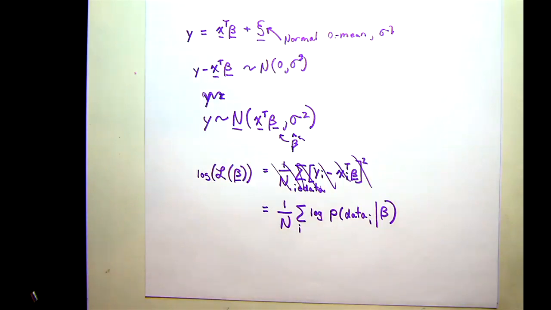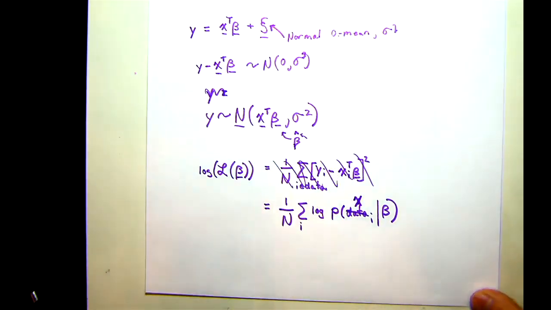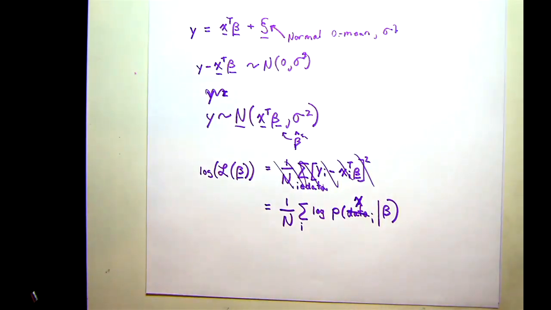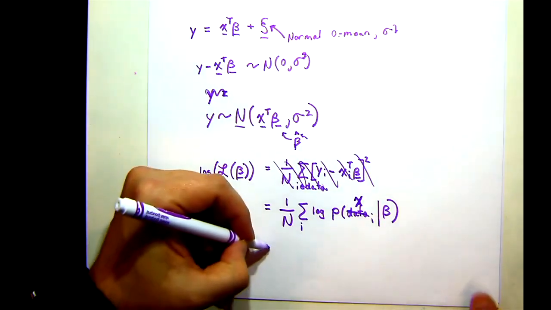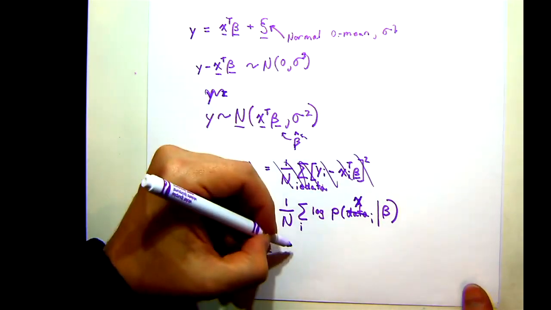So it's basically the log of the average of the log probability of the data. It's just the x's given the betas. And now I'll write out that expression I was about to write out.